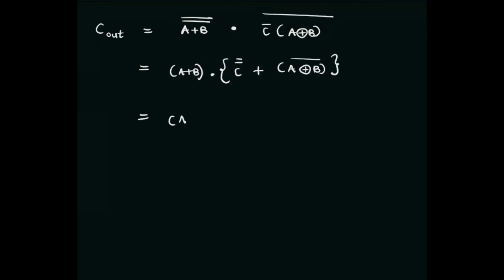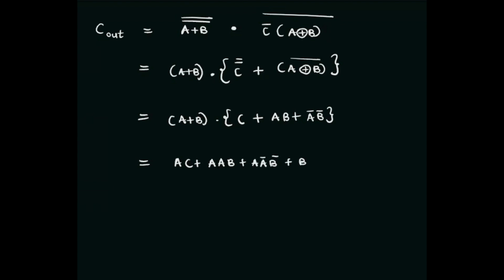So this will be A plus B into C plus, using AB plus A bar B bar for the XNOR, AC plus AAB plus A bar B bar plus BC plus ABB plus A bar B bar.